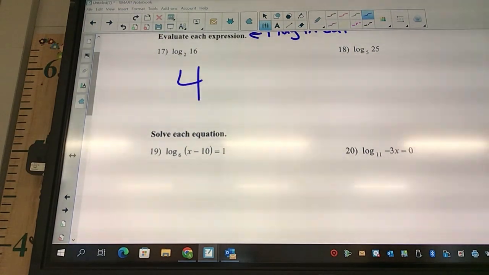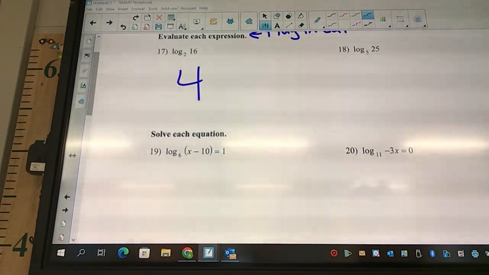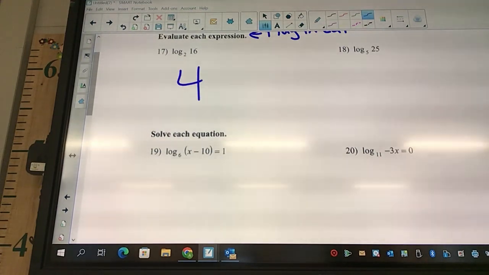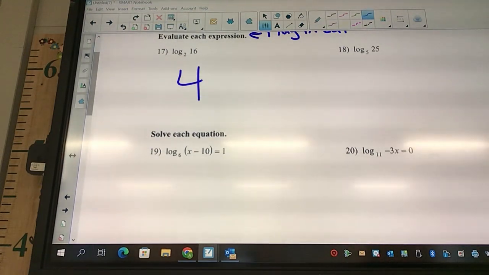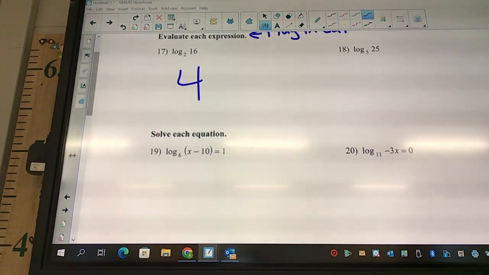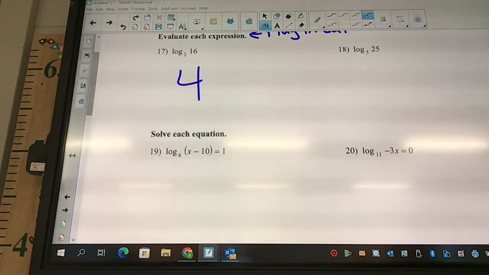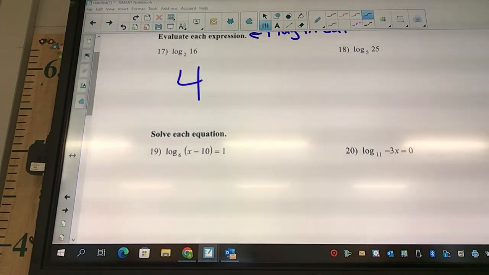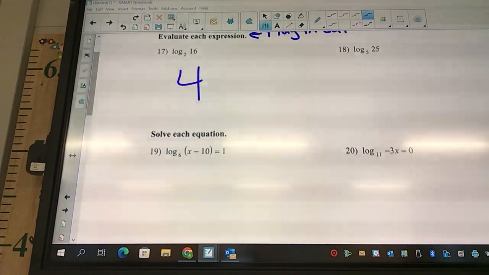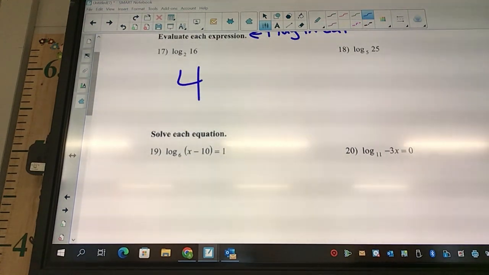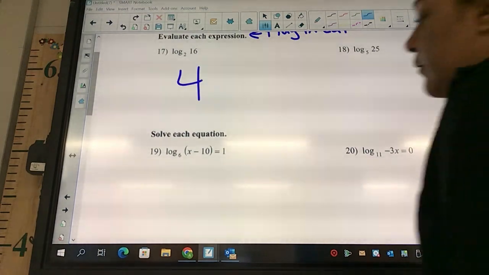Okay, the rest of these for the next little bit is about solving logs. How do we get rid of the log? How do we get rid of the log word?